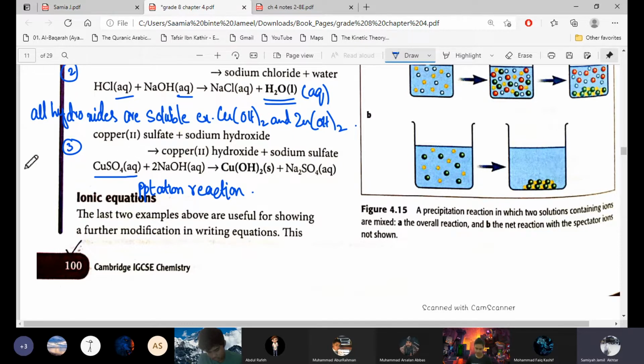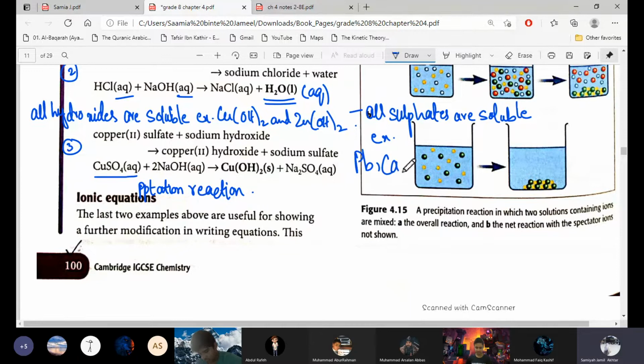For the sulfate also I will write here that all the sulfates are soluble. All sulfates, please boys note them down. Note these points. All sulfates are soluble, means all sulfates are aqueous, except the sulfate of lead, calcium, and barium.